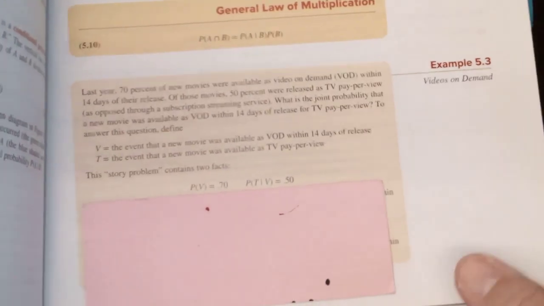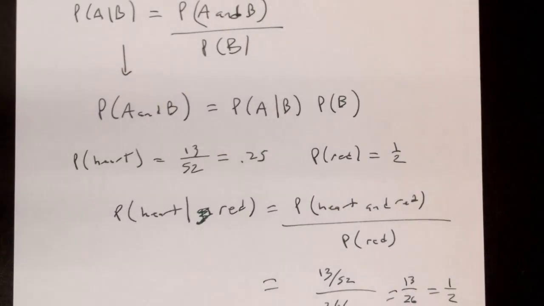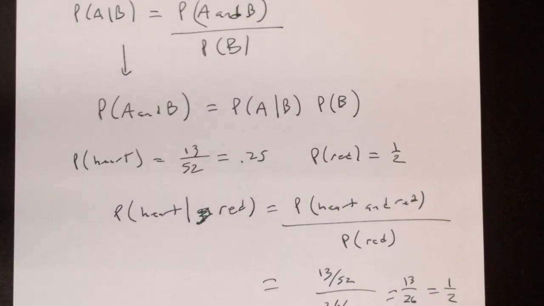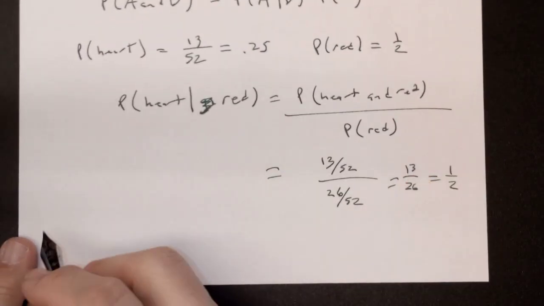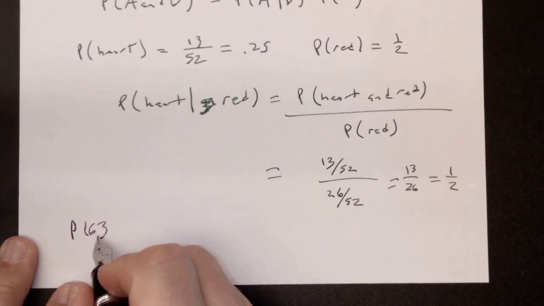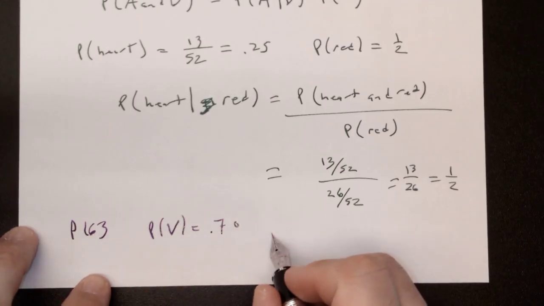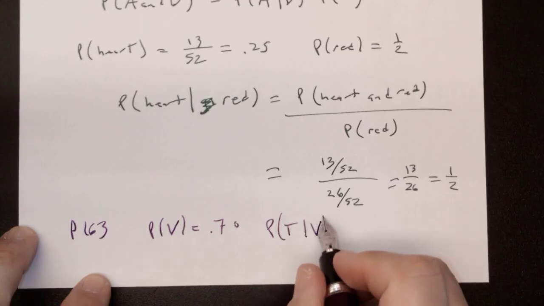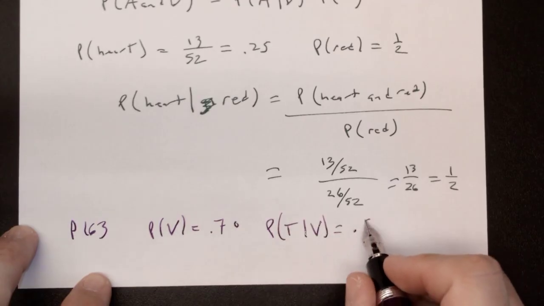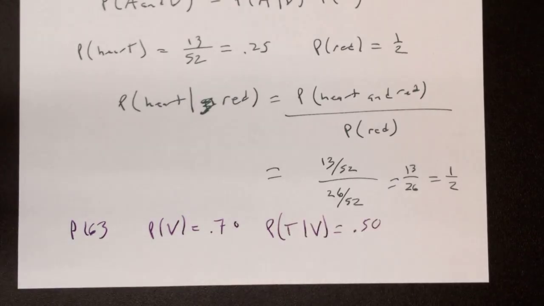Okay, let me write those things down. And we're trying to find the joint probability, right?